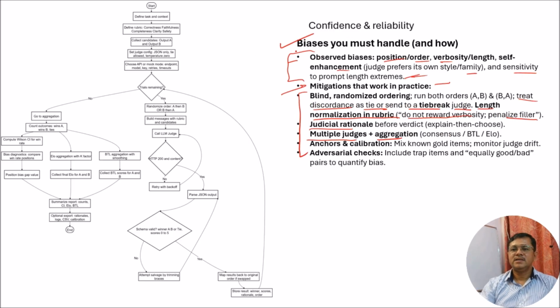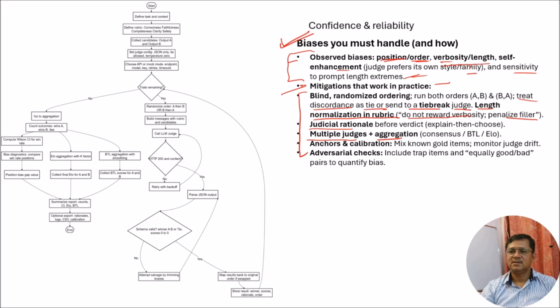Now the very important thing is biases, because it totally destroys our system if we fail to handle the bias. In designing LLM-as-a-Judge, it is very tough to get a fair evaluation. For example, position bias: several times answer A is at position A and answer B at position B, and answer A is the winner. The same goes for order.